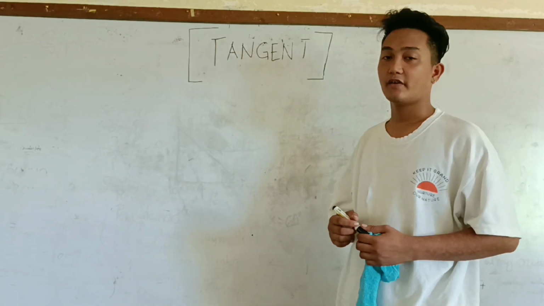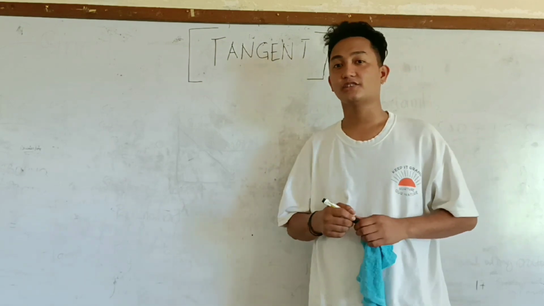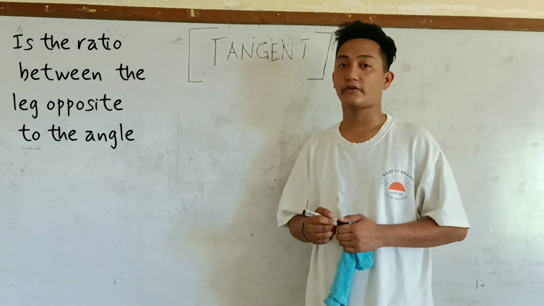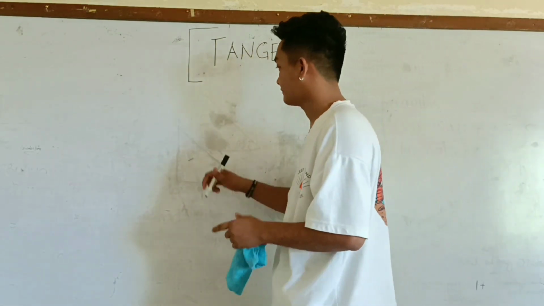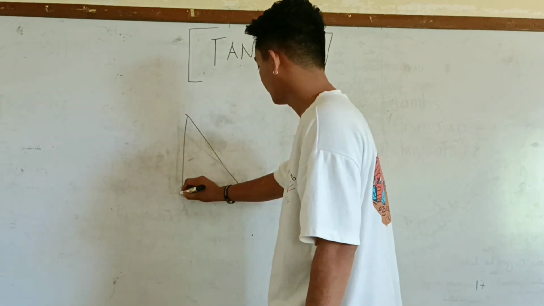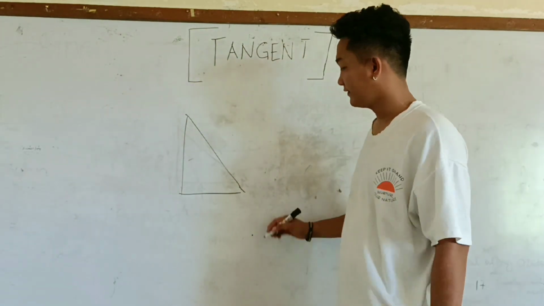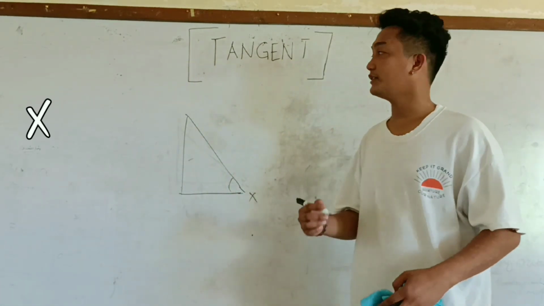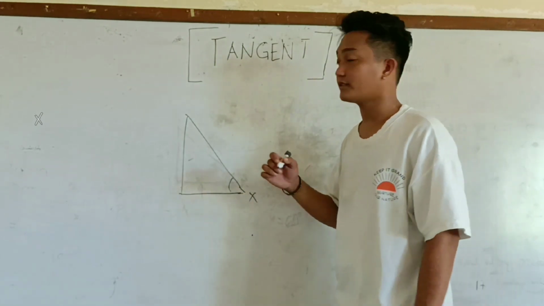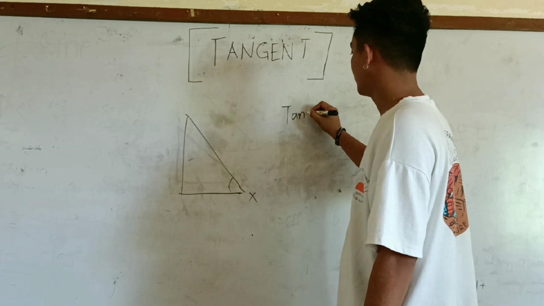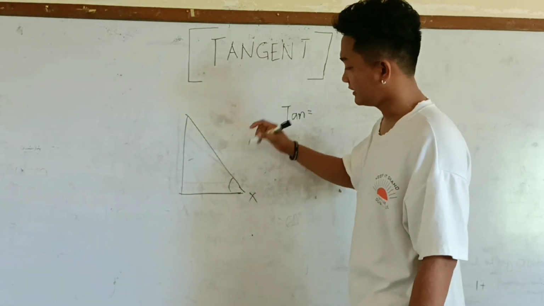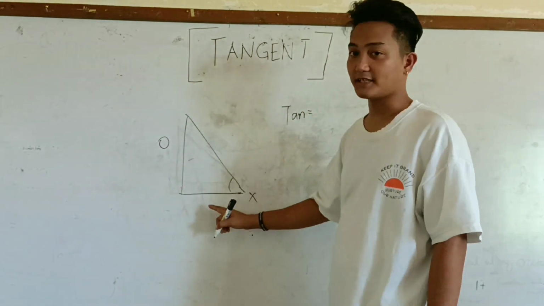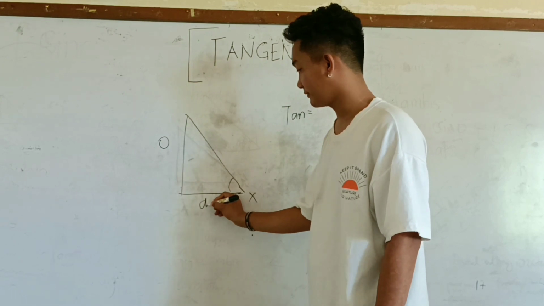So lastly is the tangent. What is tangent? Tangent is the ratio of the opposite to the adjacent side of a right triangle. So I have a right triangle here. Given that the angle here is the angle x, we can use the tangent if the given values are the opposite, which is the side opposite this angle, and the adjacent, which is located here.